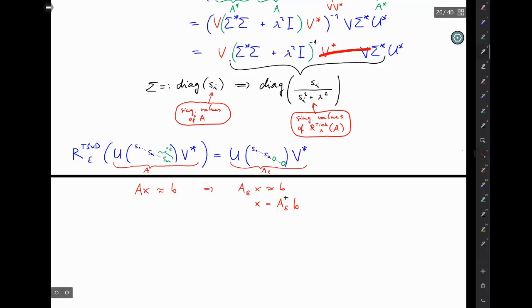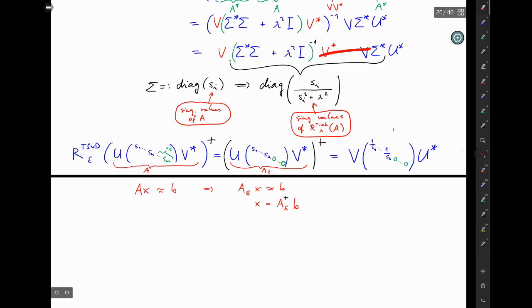Okay, and just to be fair, we should put the Moore-Penrose inverse here, and therefore also here, before we can compare it to this Tichonov operator up here. Okay, but we know how to compute the pseudo-inverse of your operator if you're given its singular value decomposition. You just exchange U and V, and you replace the singular values that are non-zero by their reciprocals, and you leave the zeros as they are.